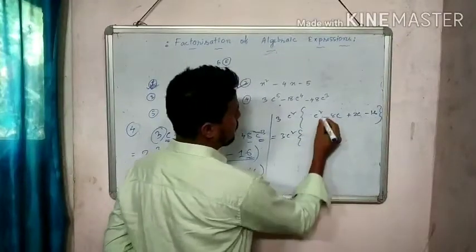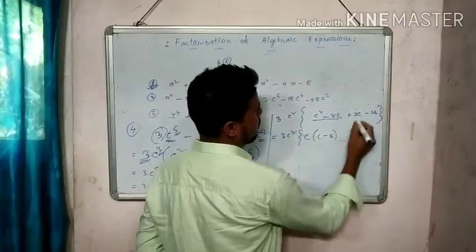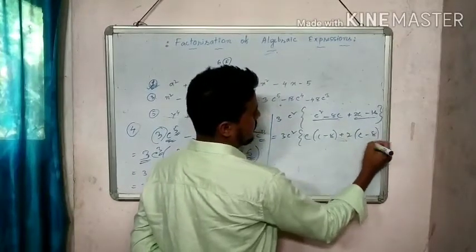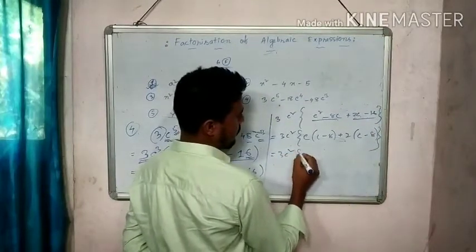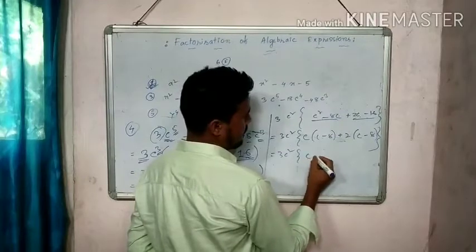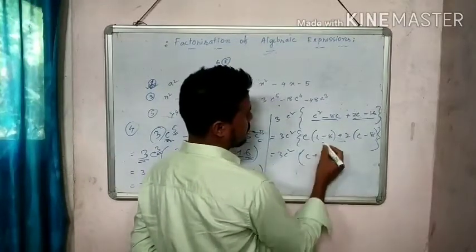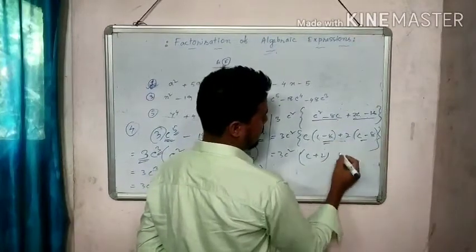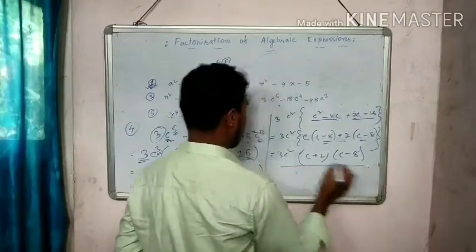From the first two parts you can take c common, leaving c minus 8, and from the last two parts take 2 common, leaving c minus 8. So it is 3c cube into c plus 2 into c minus 8. These are the factors of this algebraic expression.